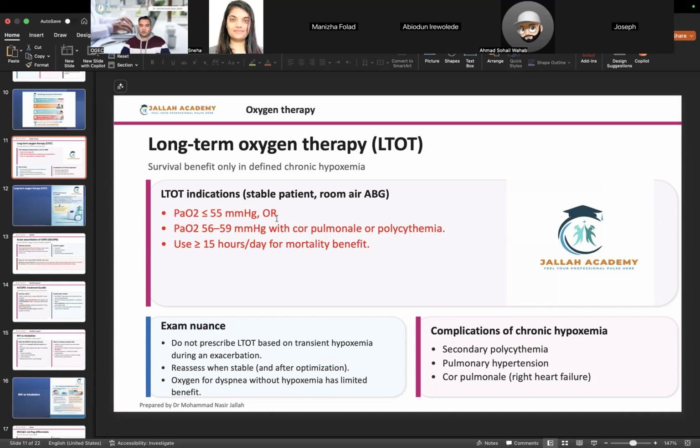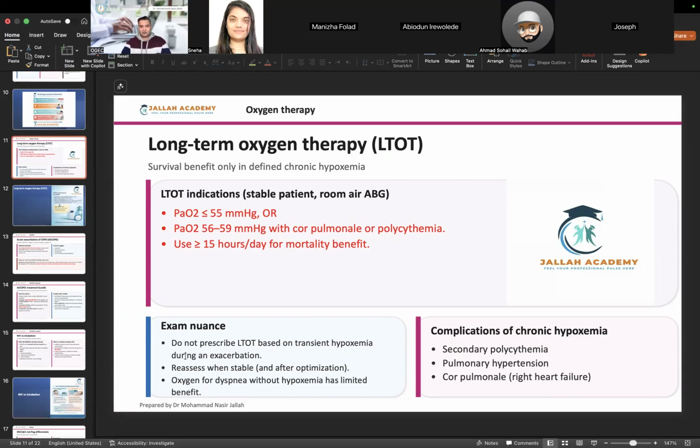Okay? So it's supposed to be less than 55 to start the home oxygen, but for people who have polycythemia or cor pulmonale, it can be even a little higher than 55, 56 to 59. Use it more than 15 hours per day for mortality benefits.